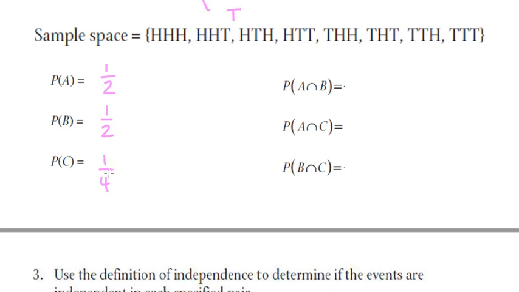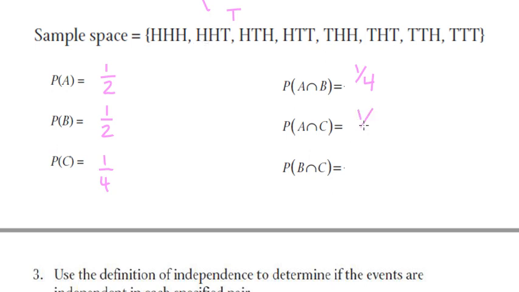So now I'm going to get the probabilities of A and B. So A and B here is the probability that the first toss is heads and the second toss is heads. So that's this one here and this one here. So A and B looks like 2 out of 8 events, so that would be 1/4. Then A and C, well, A says the first toss is heads, and then there are exactly 2 consecutive heads, so that looks like only this one.